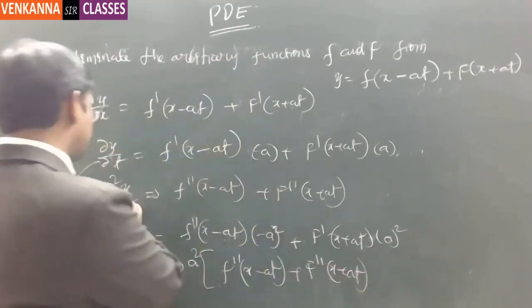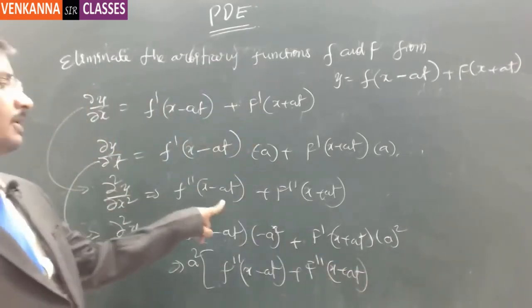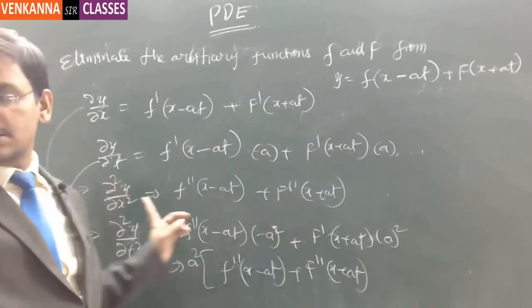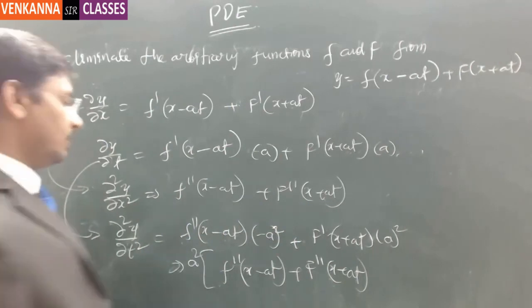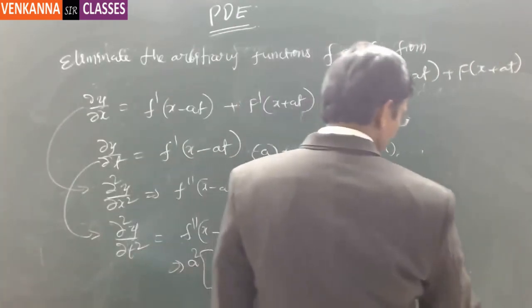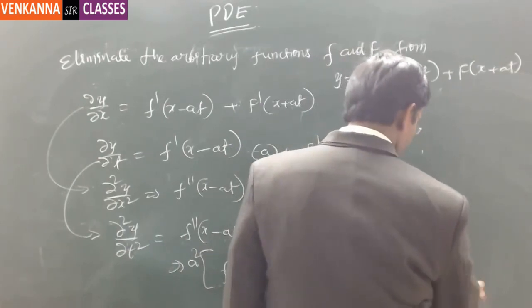But this is equation number 1. So f double dash of (x minus at) plus F double dash of (x plus at) is equal to ∂²y/∂x². Now this you can replace as a² ∂²y/∂x².